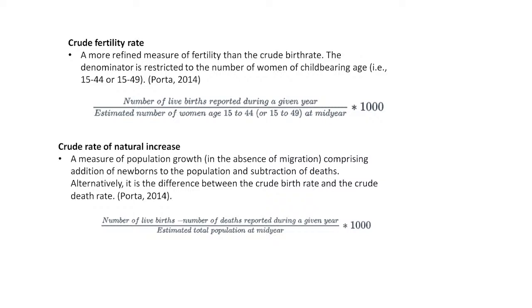Childbearing age is from 15 to 44 or from 15 to 49. So, number of live births reported during a given year divided by the estimated number of women age 15 to 44 or 15 to 49 at mid-year, multiplied by 1,000.